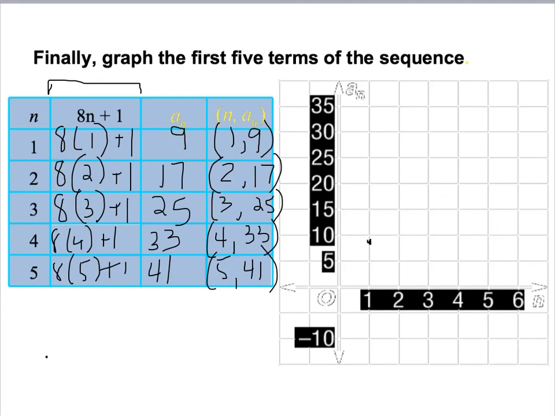The next one is over 2 up to 17. The next one, over 3 up to 25. The fourth term, going over to the fourth on the x and up to 33. And the fifth term is at 41, which is actually a little bit off my graph. When I connect these, I'm going to get a straight linear line.